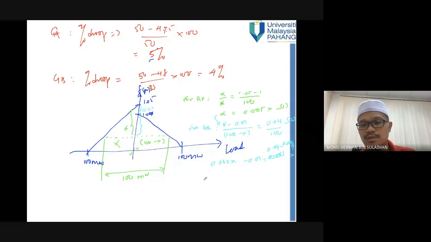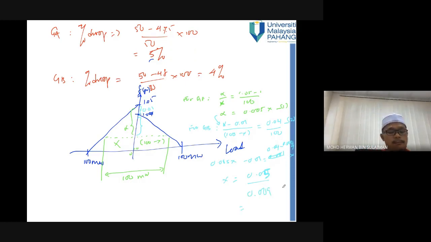Right, so you bring it over. Your x equals 0.05 divided by 0.009. Is that right?